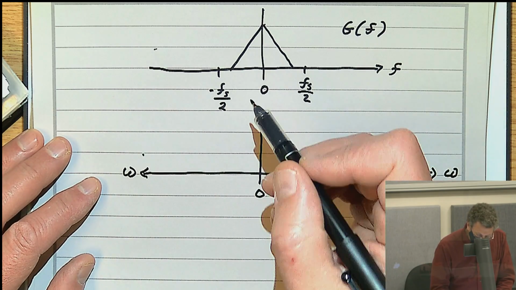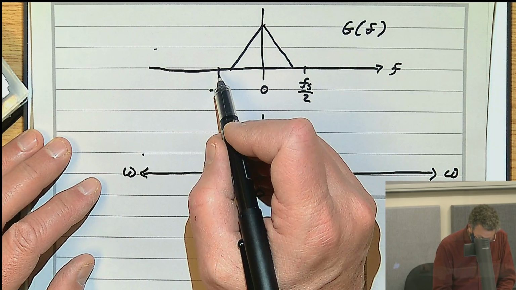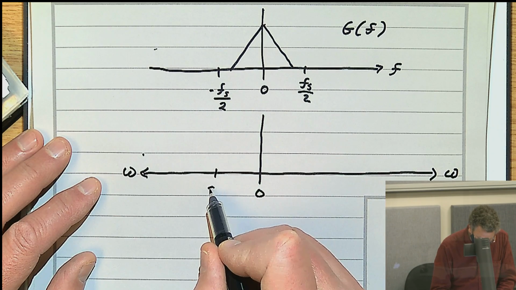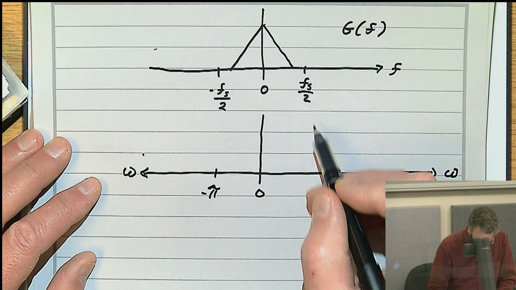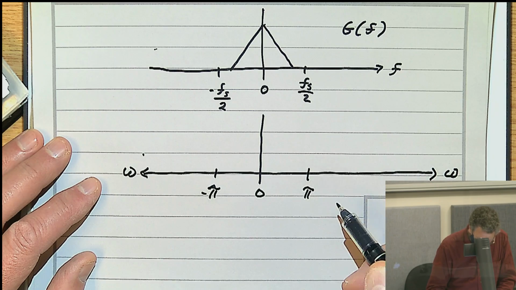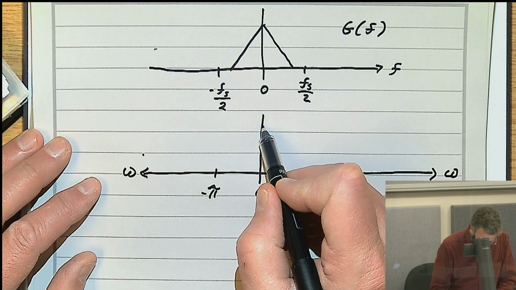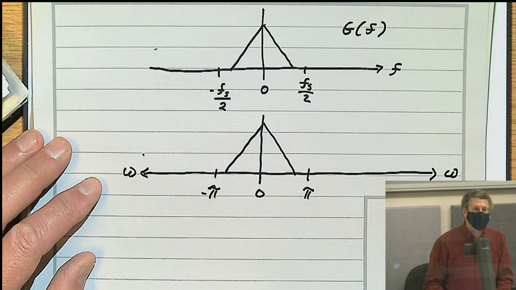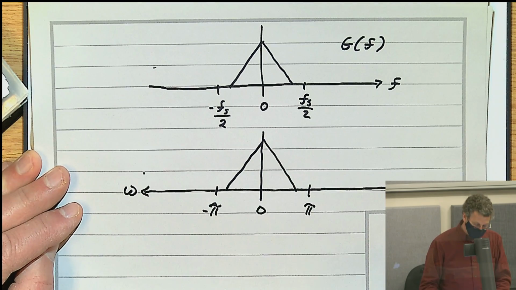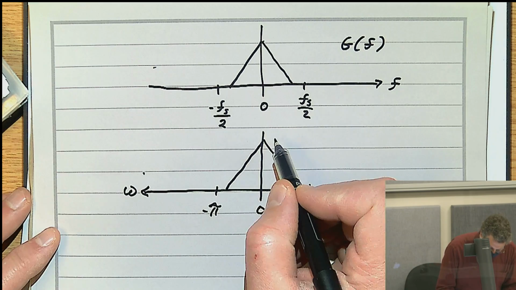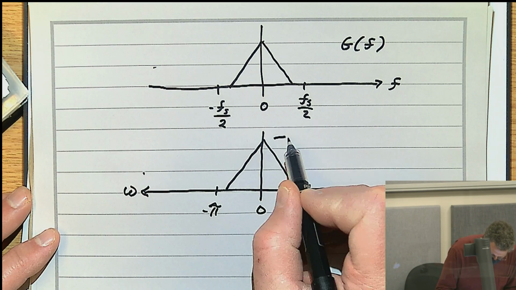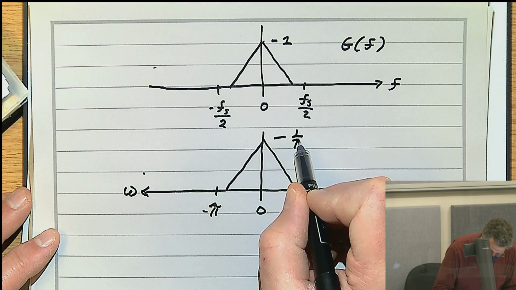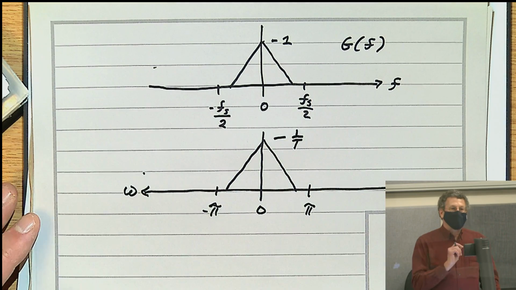Fs over 2 will correspond to minus pi, and this will be pi. Then this signal will end up mapping like this. So it looks the same. The one thing that does change is the amplitude. If this is 1, this will go to 1 over T. I'll talk about that in just a minute.